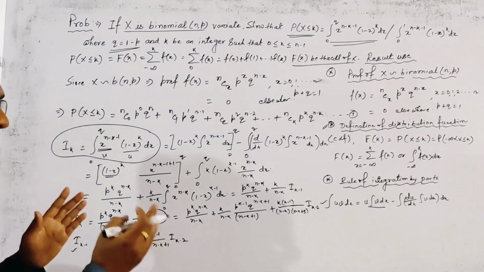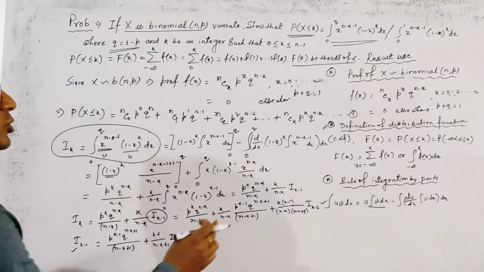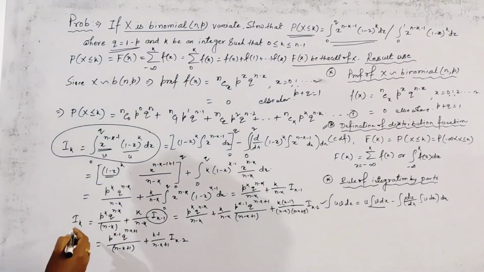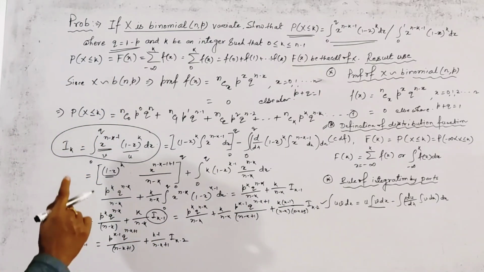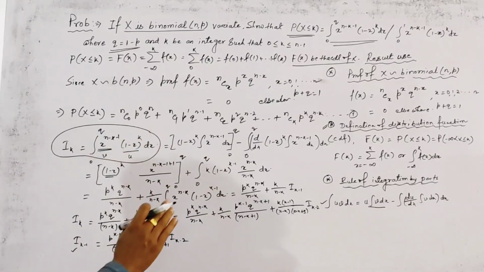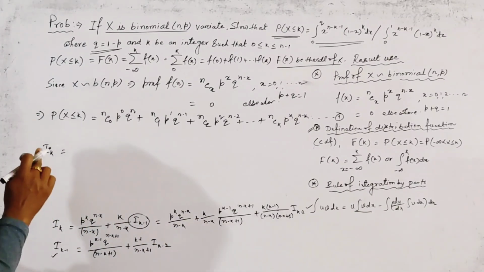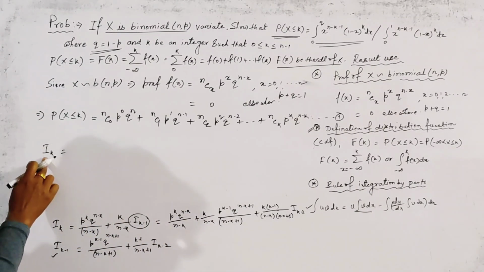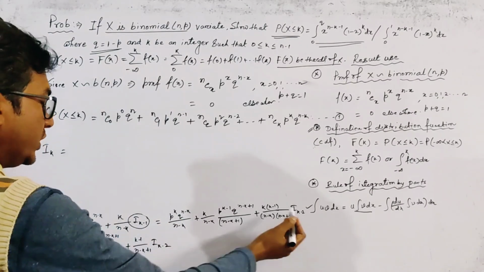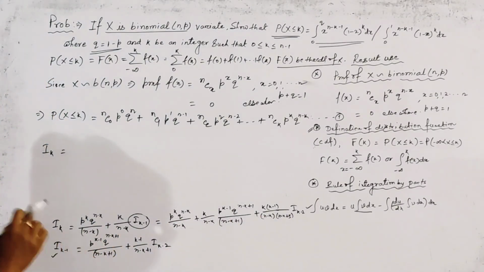Okay, and in a similar manner, if we put the value of I_{k-2} from here, again we get I_{k-2} by putting k equal to k minus 1, we get the same result. And here we write the value of I_k by putting I_{k-2} in terms of I_{k-3} from here.